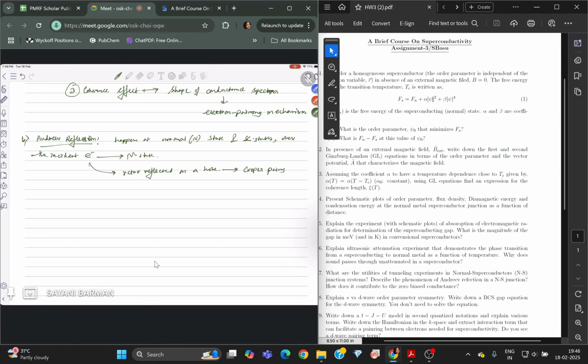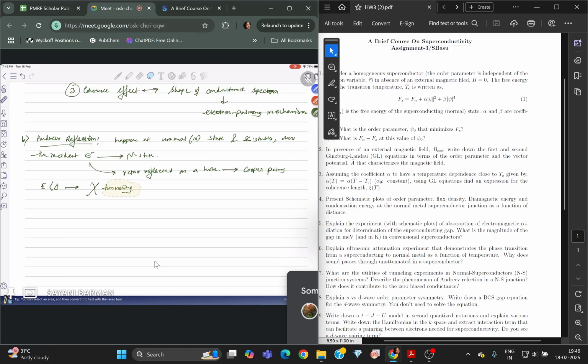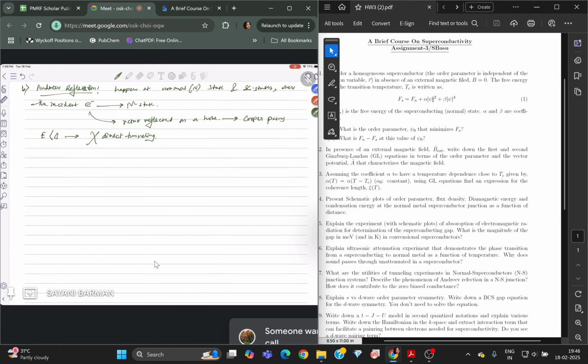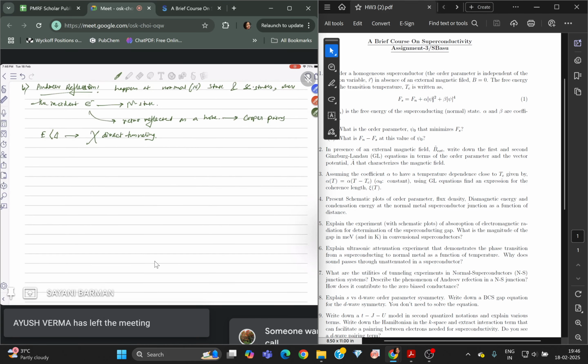If the energy, as I told, is lesser than the gap, it cannot be tunneled directly. No direct tunneling. So instead, it combines with another electron to form a Cooper pair in the superconductor.